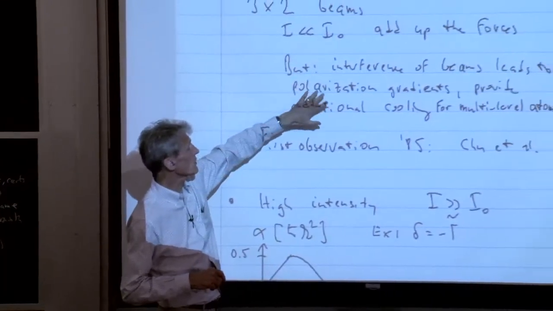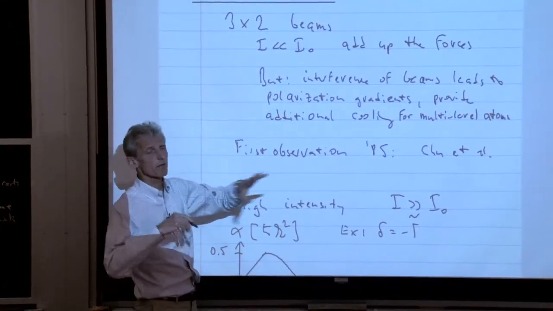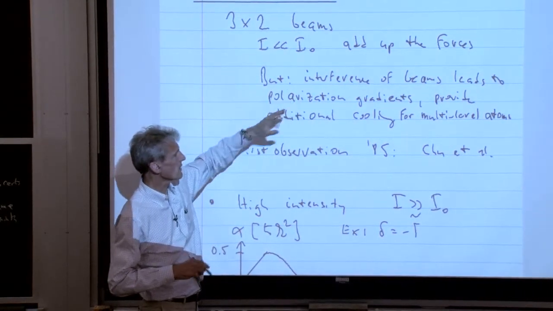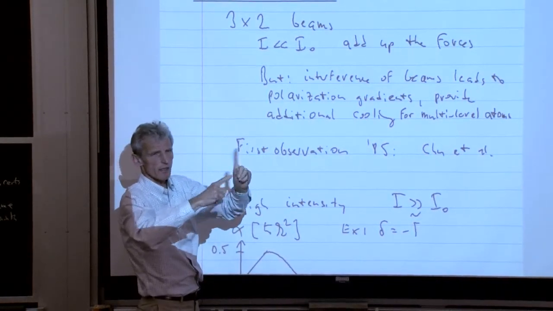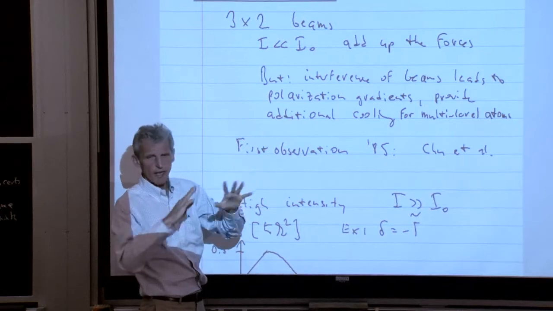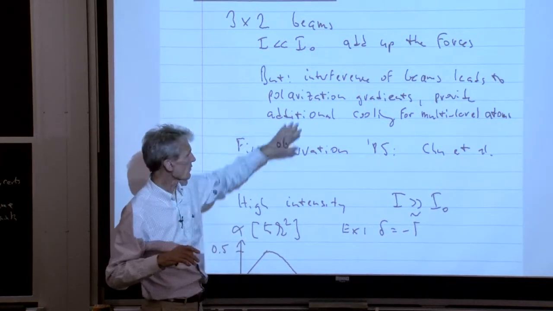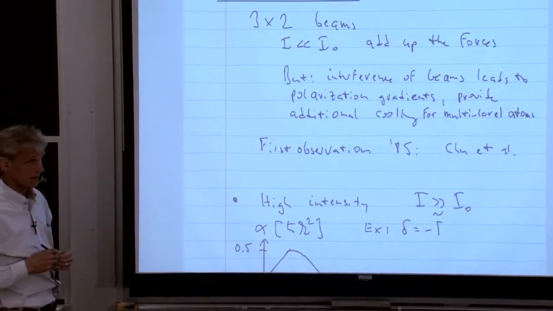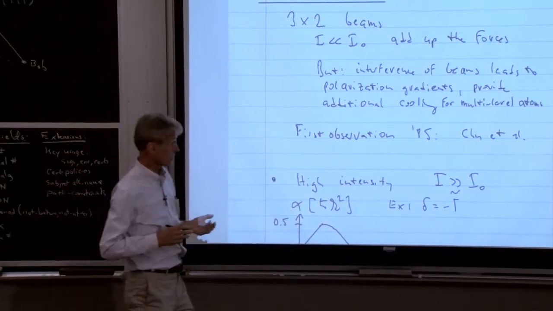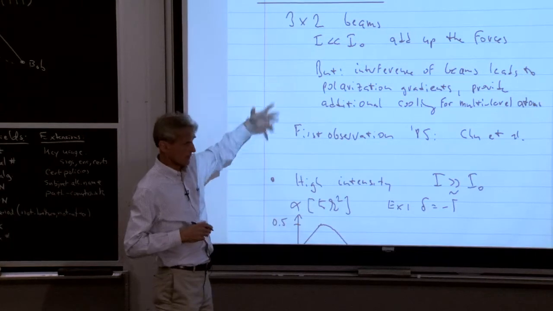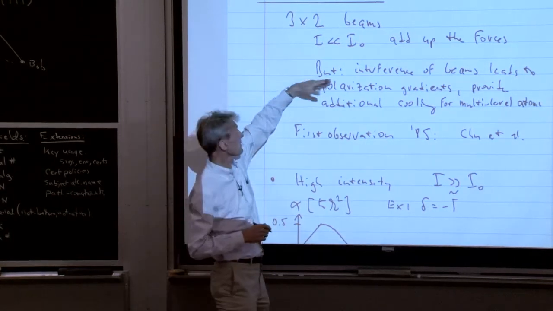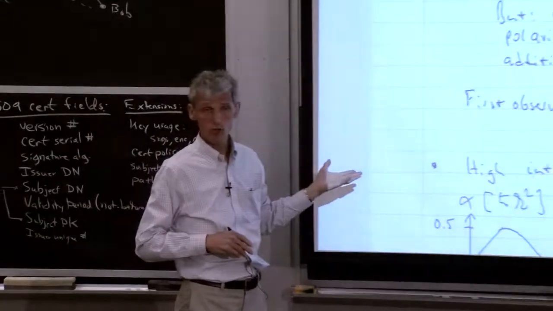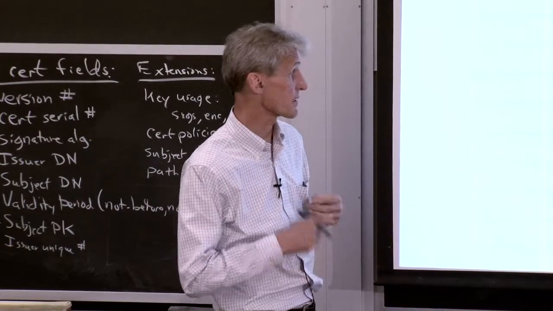But if you don't have a 2-level system, you have sigma plus, sigma minus transitions, and the beams interfere, you get spatially varying polarizations in your interference patterns, and then you have much richer physics. But in the simplest case of a 2-level system, there is a regime at low intensity where you can simply take the equations we got for molasses and apply them to X, Y, Z.